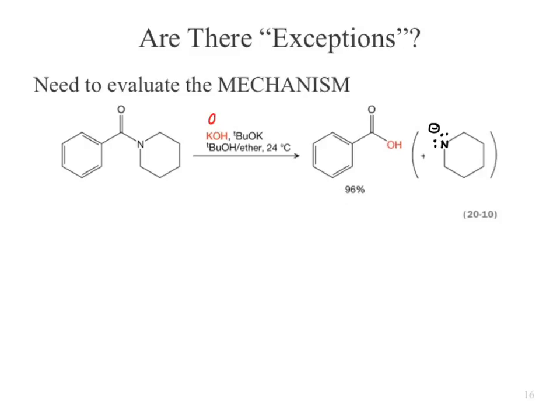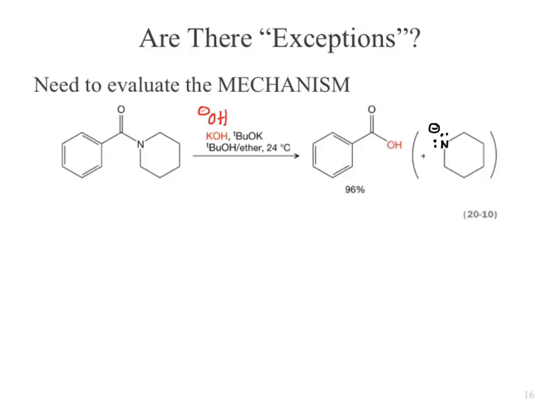Our nucleophile was negative oxygen. Our leaving group is negative nitrogen. And then we don't even have to worry about naming it. Which atom is more stable? Negative oxygen, negative nitrogen.